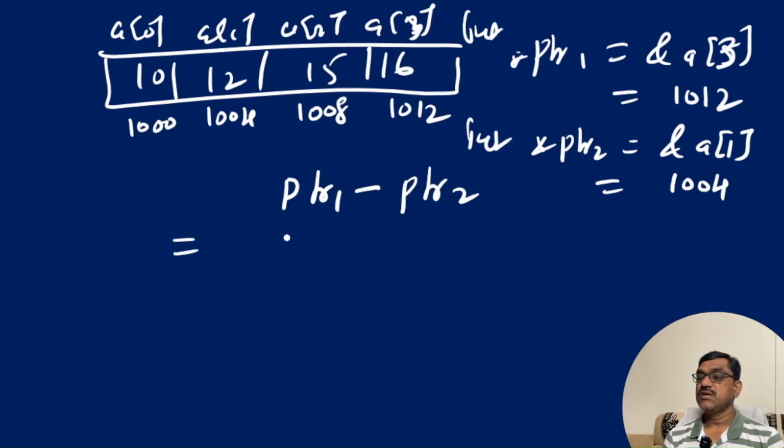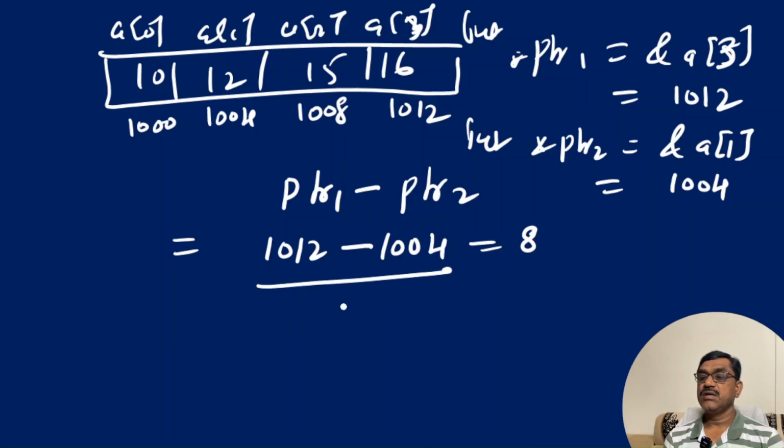PTR1 is 1012, minus 1004. What are we going to get? You are saying that the value we get is 8, right? But what you have to do is, after subtraction, divide this by the number of bytes an integer takes. How many bytes does an integer take? 4. So divide by 4, and what is the value you get? 2.